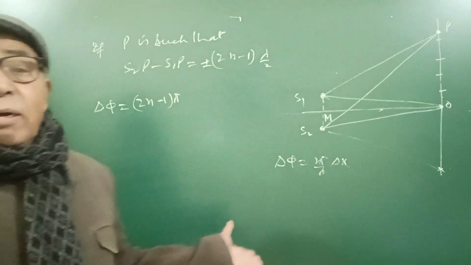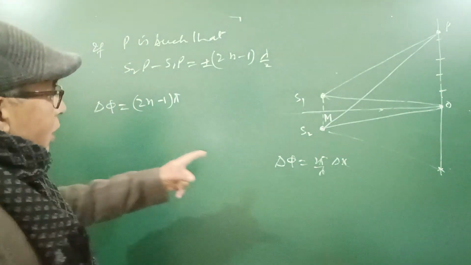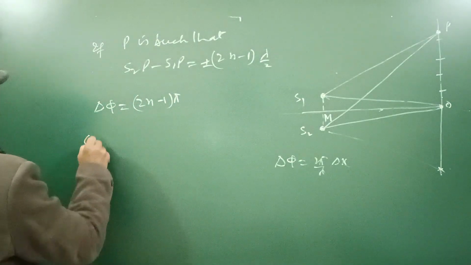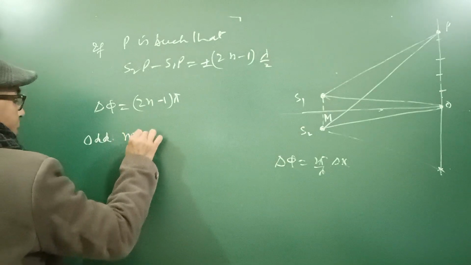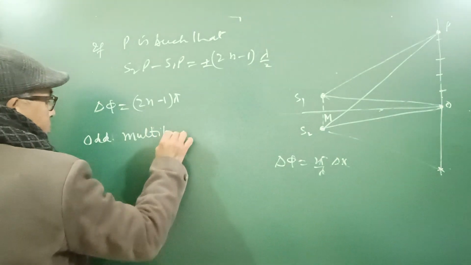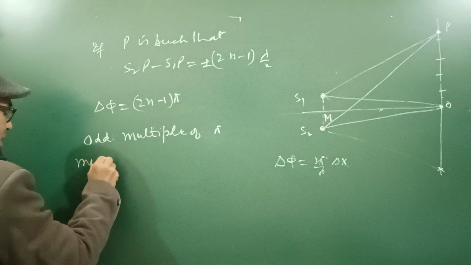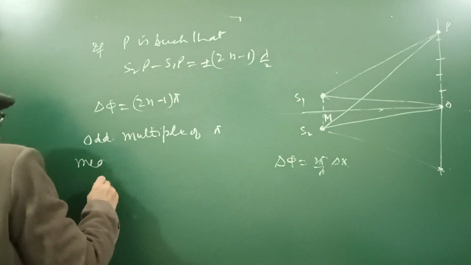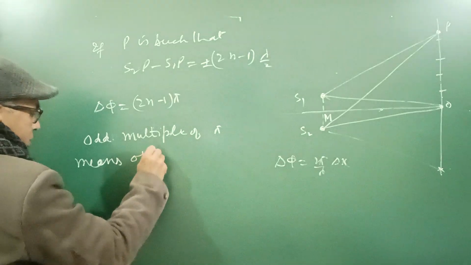This relation I derived while telling about progressive waves. So putting delta x here, we get an odd multiple of pi, which means opposite phase.